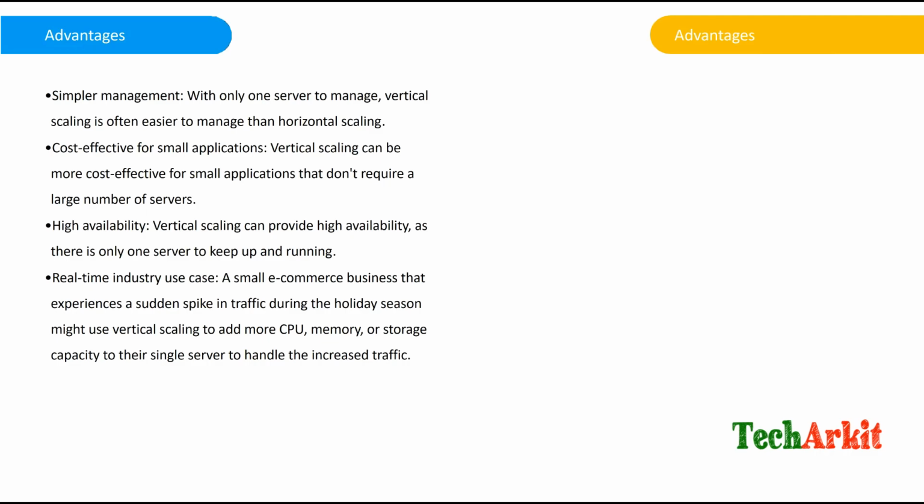And in a real-time industry use case, a small e-commerce business that experiences a sudden spike in traffic during the holiday season might use vertical scaling to add more CPU, memory and storage capacity to their single server to handle the increased traffic. So that is a real-time example of how vertical scaling can grow and provide the services.